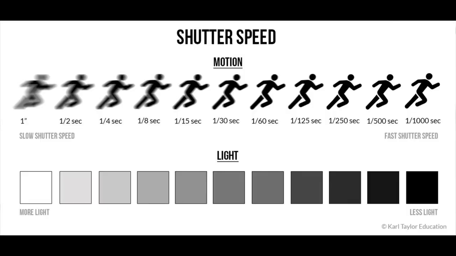So if you're taking a picture of a car driving by, you don't want to have a shutter speed of 1 over 2 because you're not going to get that car. It's going to be just a big blur. If you want to get it in motion, you can do 1 over 500, 1 over 1,000 to make sure that you can get that image. The higher your shutter speed is, the more in focus your object will be.